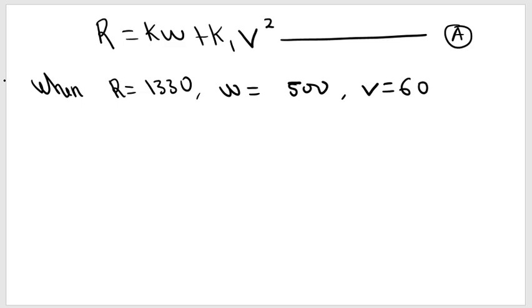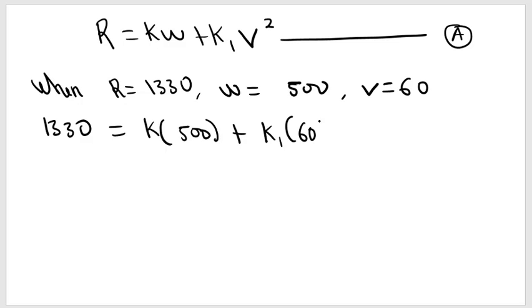So you substitute these values into equation A. We have 1330 being equal to K multiplying W, and W is 500, plus K1 V squared, and V is 60, so 60 squared.